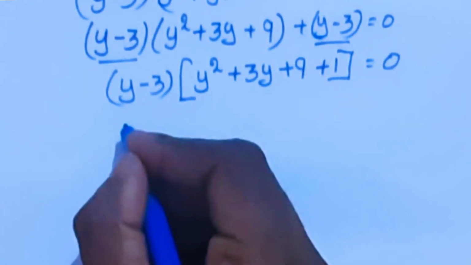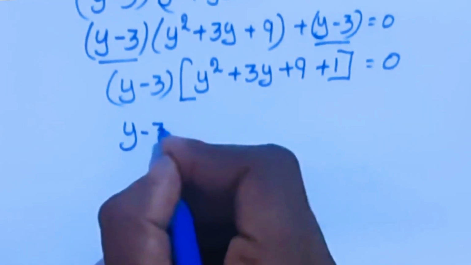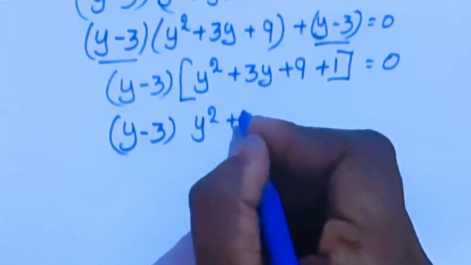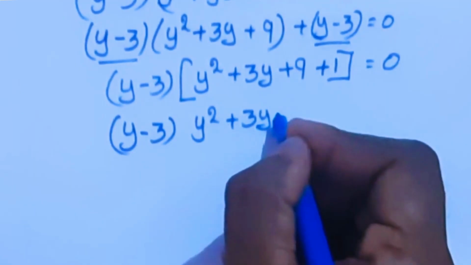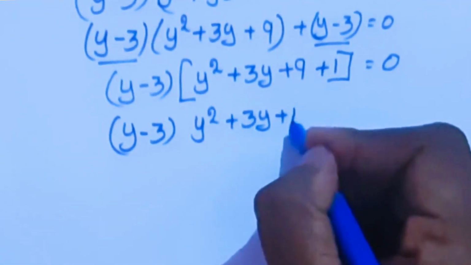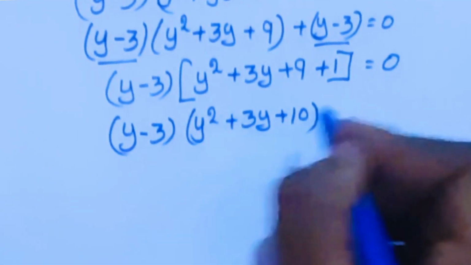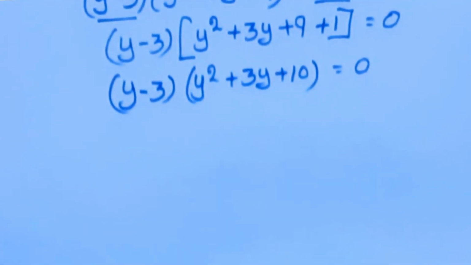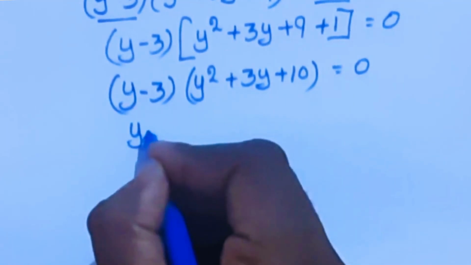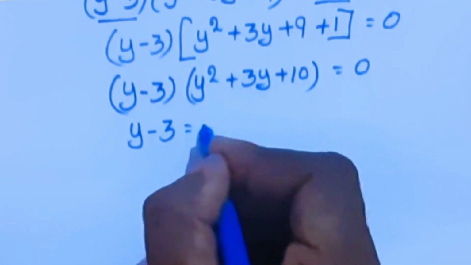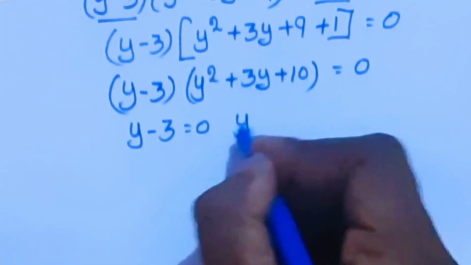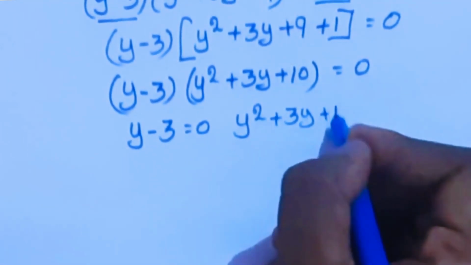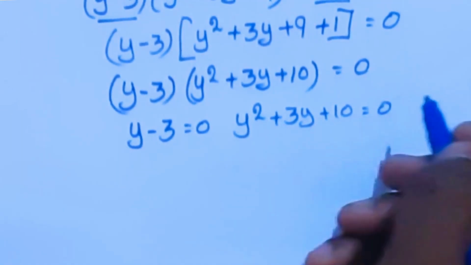Now (y minus 3)(y square plus 3y, 9 plus 1 is 10) equal to 0. Now we have two equations, that one is y minus 3 equal to 0, other one is y square plus 3y plus 10 equal to 0.